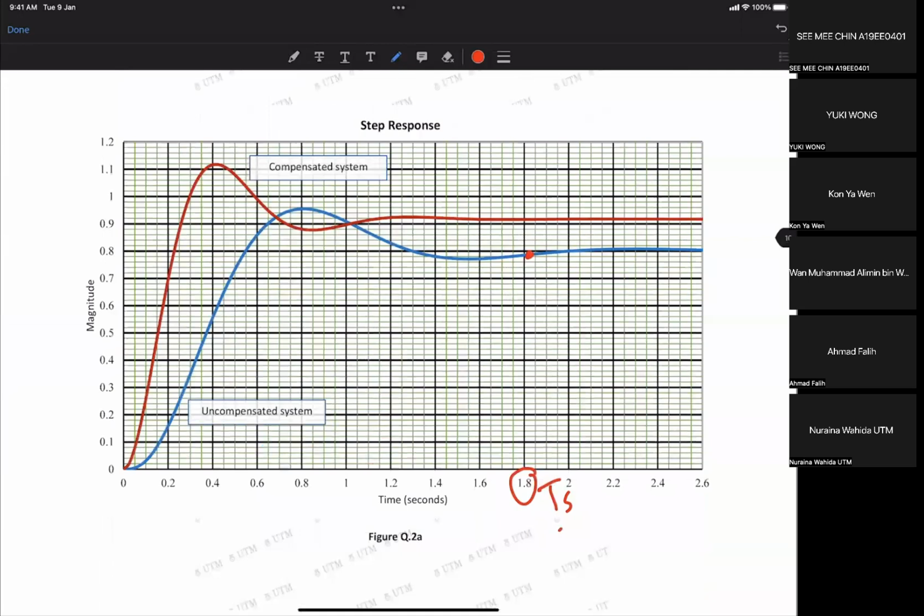Ini yang lama, settling time yang baru. Continuing, new settling time, the red one. 0.9, macam sikit sangat.